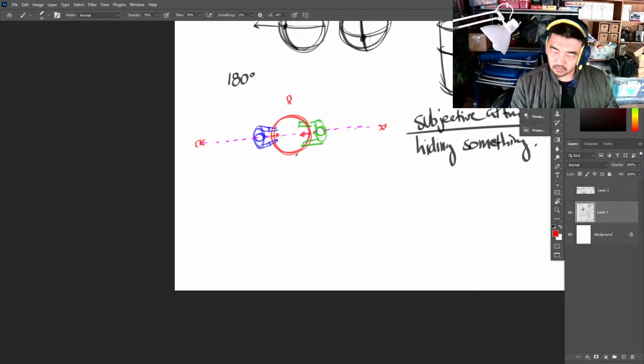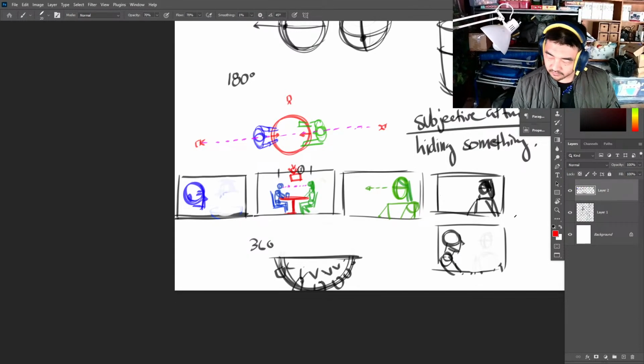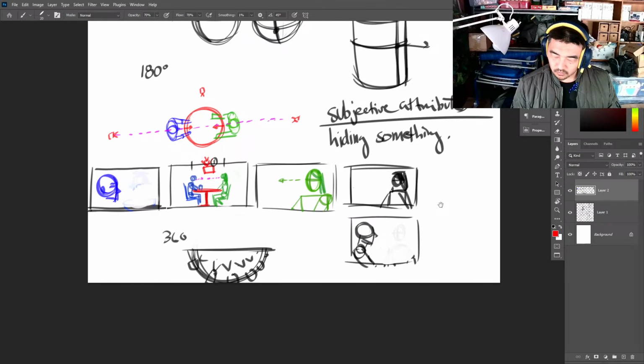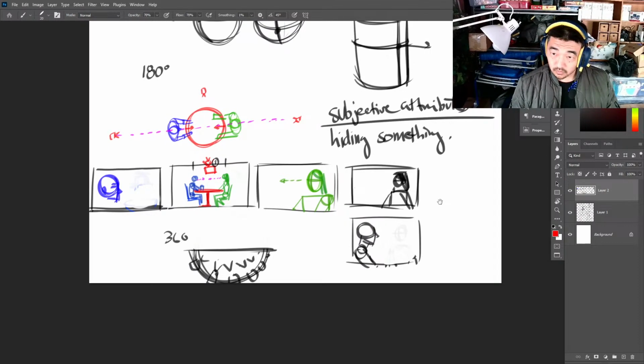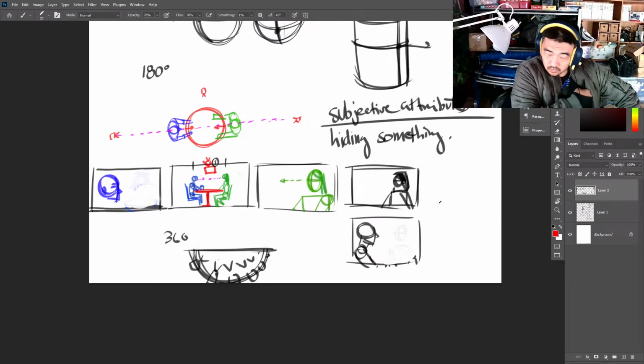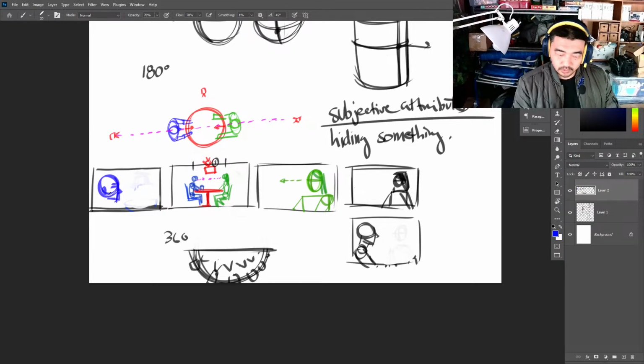So what we saw here, we have this character right here and this character right here, looking camera right, this one's looking camera left.